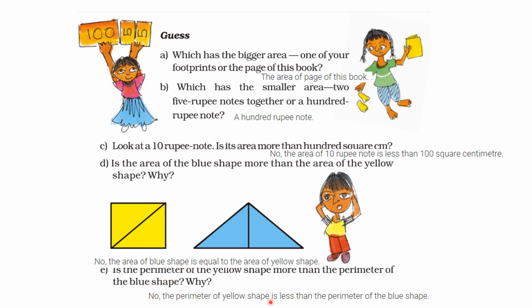No, the perimeter of the yellow shape is less than the perimeter of the blue shape. Clear? Either you can take your scale or you can use thread and measure the sides of this blue shape and yellow shape and find the answer yourself. Okay?